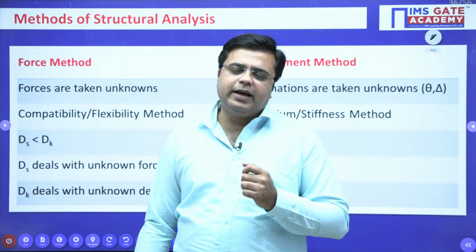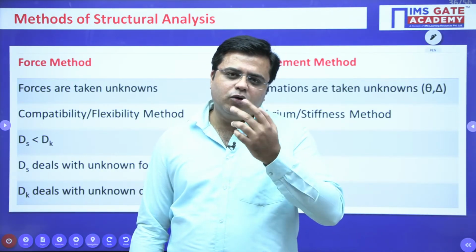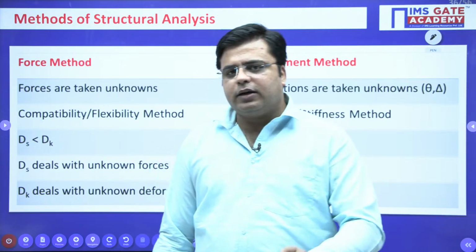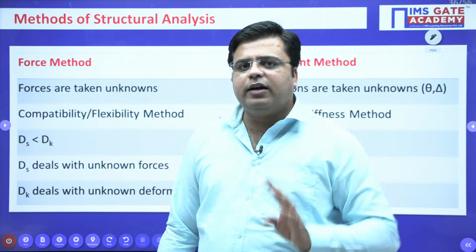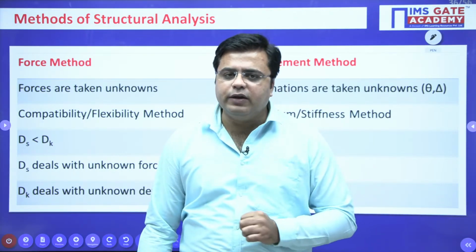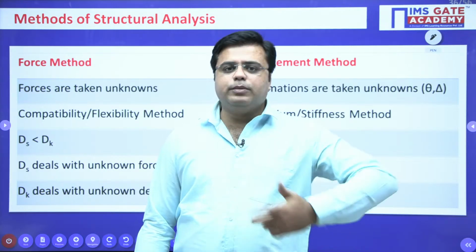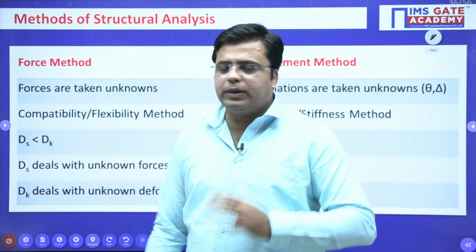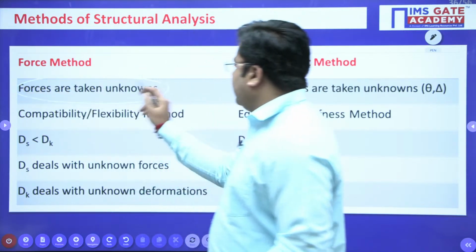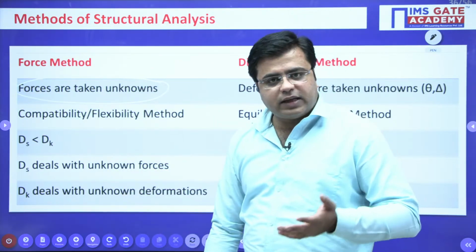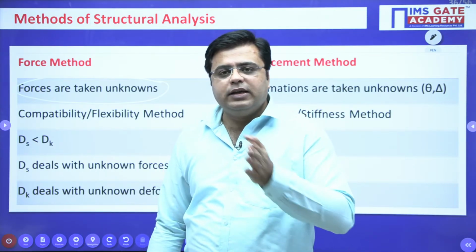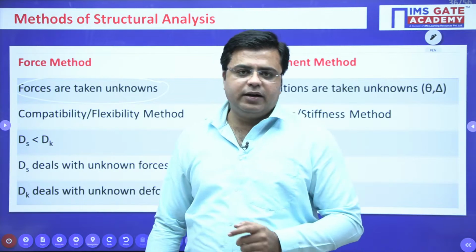You will think, sir, if the unknown forces are fewer, we can use the method which first calculates the unknown forces, and using these we can calculate the unknown deformations, right? This method is known as the force method, where you take forces as unknowns. And how do you decide to take forces as unknowns? By comparing the degree of static indeterminacy with the degree of kinematic indeterminacy.